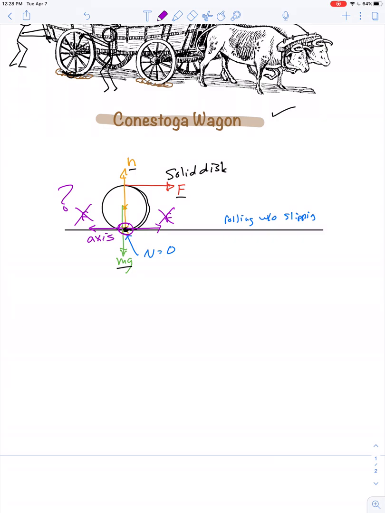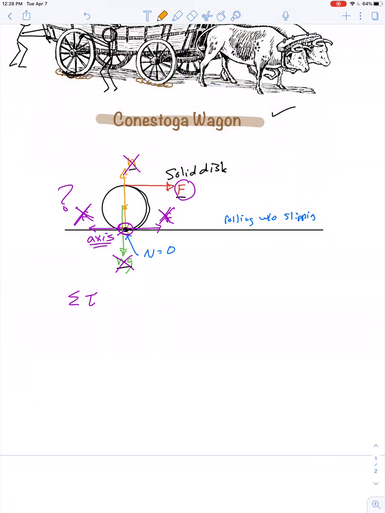So let's take a look at this. The net amount of torque when considering the contact point as the axis, well, mg is non-torque producing, friction is not torque producing, and normal force is not torque producing. So the only torque producing force is the applied force F. And it has a lever arm of what?